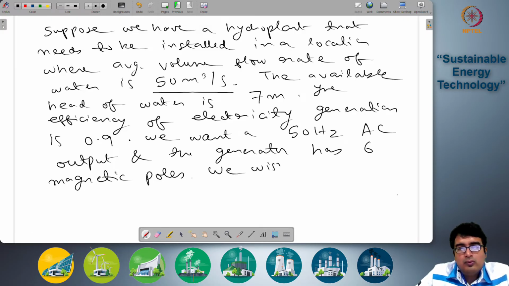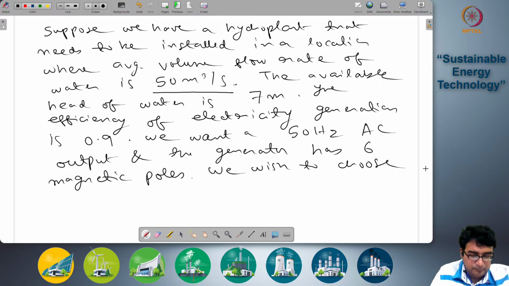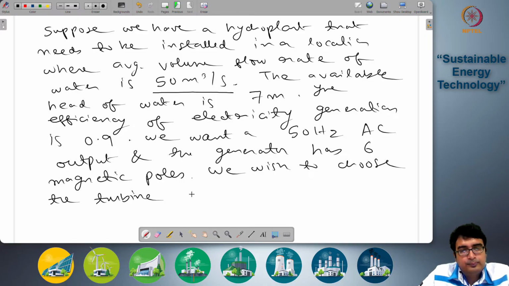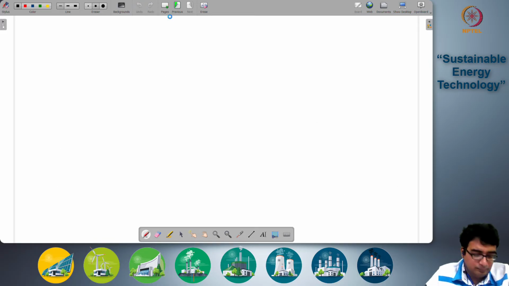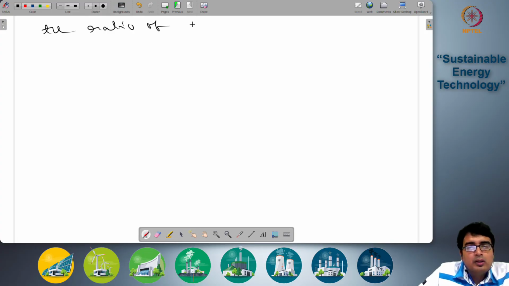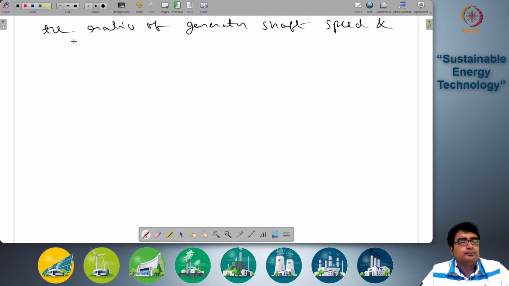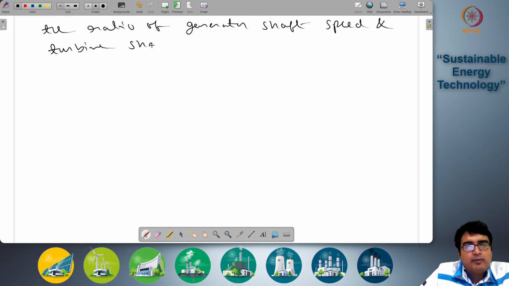So we wish to choose the turbine that is best suited for this location, given that the ratio of generator shaft speed and turbine shaft speed is 3/2.